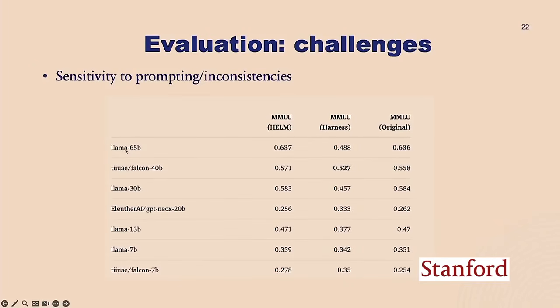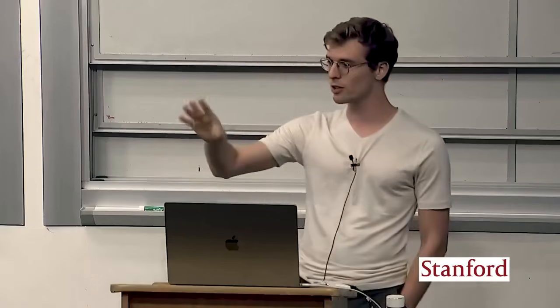For example, LLaMA 65B, which was the first model of Meta in the LLaMA series, had on HELM 63.7 accuracy, but on this other benchmark had 48.8. So really the way that you evaluate, and this is not even talking about prompting, this is really just the way that you evaluate the models. Prompting is another issue. So really there are a lot of inconsistencies. It's not as easy as it looks.